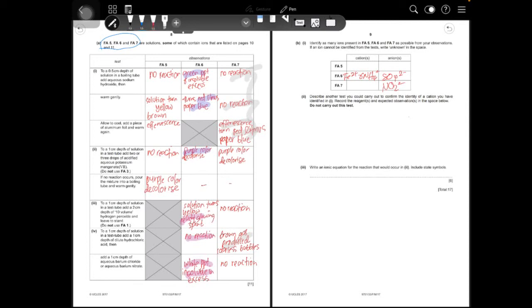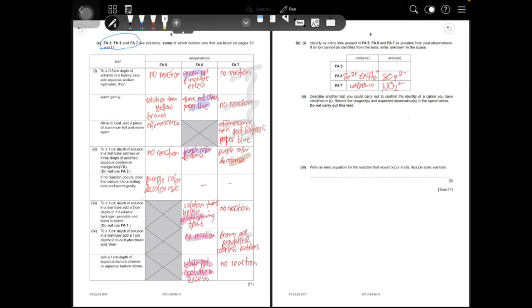However, for the cation, we do not have much idea. It only shows the purple color decolorizing, which indicates that it undergoes oxidation. But there is no further test to confirm the cation, hence the cation is unknown. It could be a group 1 metal.